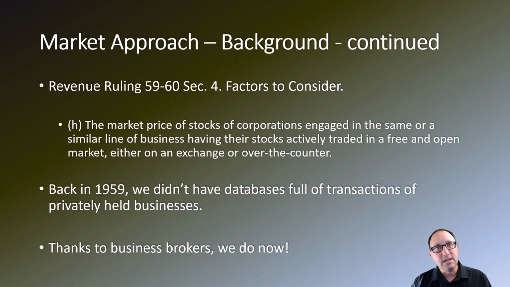Now, back in 1959, when this revenue ruling was originally written, we didn't have these databases we have now, full of transactions of businesses that have sold, privately held businesses that have sold. So the market approach used to consist of only an analysis of publicly traded companies. Now, publicly traded companies are typically not that comparable to small, privately held businesses.